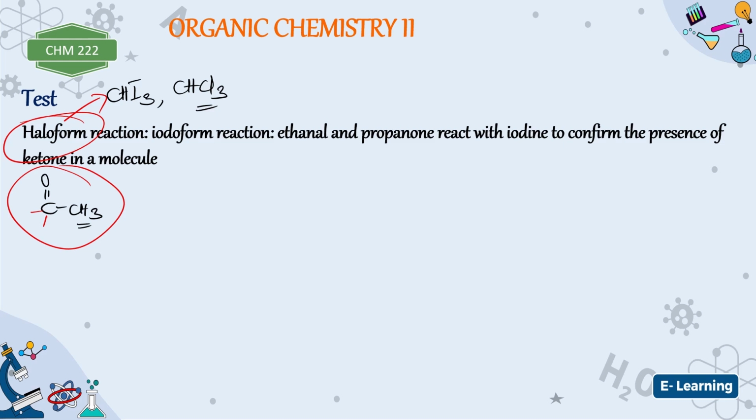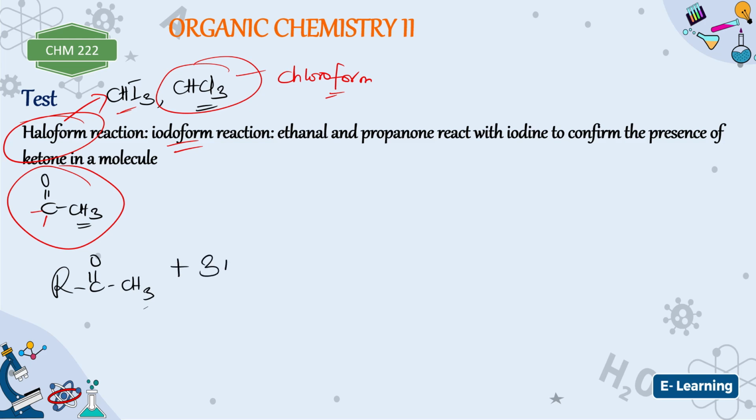The one we are going to look at is the iodoform reaction. This one is chloroform, and this is the iodoform. If we have a compound like this, RCOCH3, and we want to confirm the presence of this group here, we react it with 3 molecules of iodine and 4 molecules of sodium hydroxide, then heat.